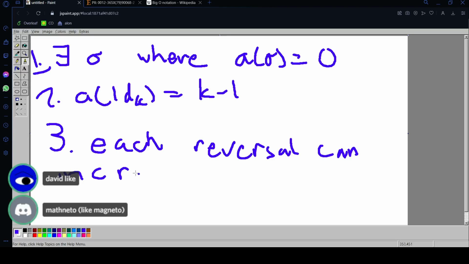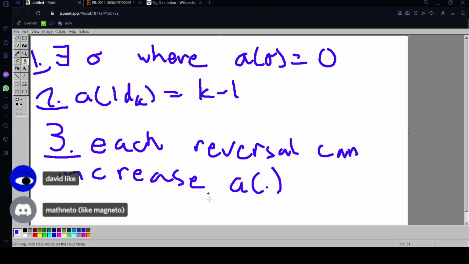That's a good way to put it. Basically, each reversal can increase the number of adjacencies of the permutation by at most one.